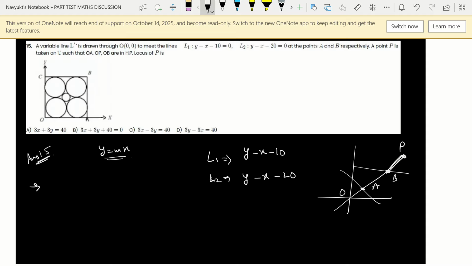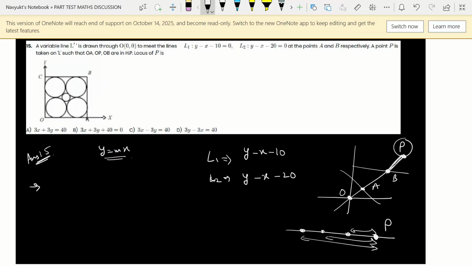Let's start. Now the whole thing is with respect to HP, right? With respect to the distances of a general point P from fixed points A, B, O on a line. So if we have a question which relates distances of a general point P from some fixed points on the line, we have a form of equation of a line which is called symmetric form, which helps us out in such kind of questions.